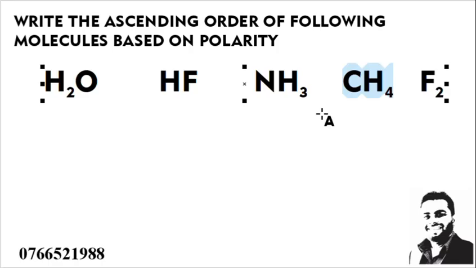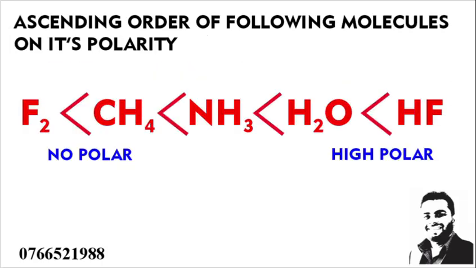When you compare HF and H2O, HF has the highest difference. So these are non-polar. More than H2O, HF is highly polar. When you compare HF and H2O, HF has a higher electronegativity difference when compared with the oxygen, so the polarity is greater here, right?